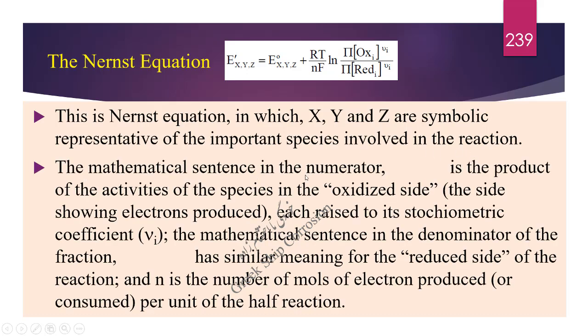The mathematical expression in the numerator is the product of the activities of the species on the oxidized side, the side showing electrons produced, each raised to its stoichiometric coefficient, nu i. The expression in the denominator has a similar meaning for the reduced side of the reaction, and n is the number of moles of electrons produced or consumed per unit of the half reaction.